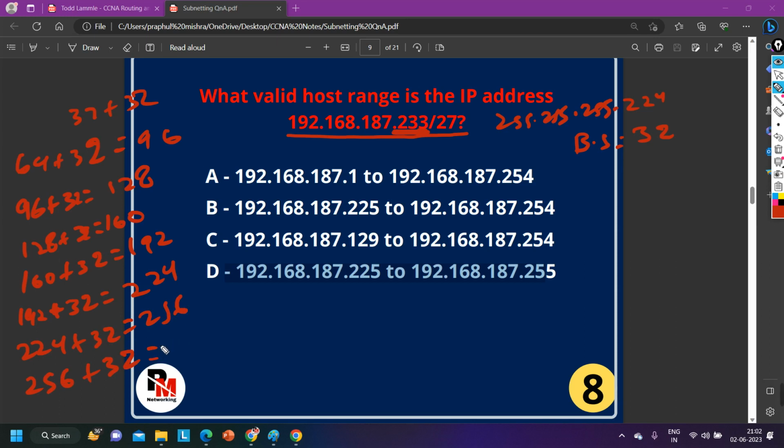We can't go further, sir, we are exceeding the value.